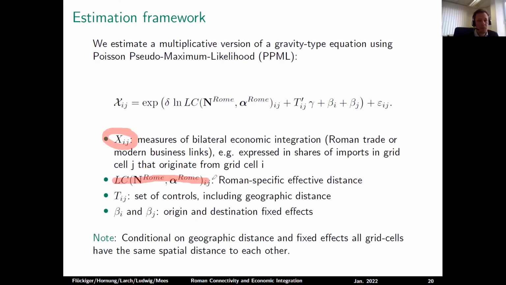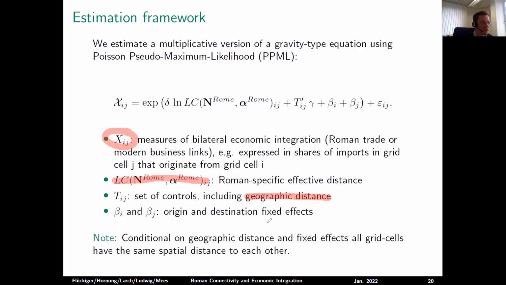This is why we regress this measure of trade volumes on this least cost path distance. Then empirically, we're going to control for a couple of things, including geographic distance, so that we don't capture just geographic distance. This is not what we want. We're going to control for a couple of other geographic factors that distinguish these grid cells I and J.